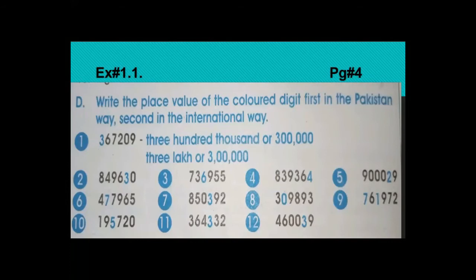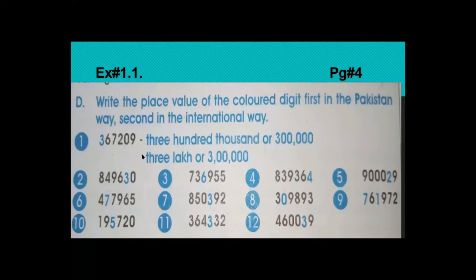In the international way, 3 is counted as 100,000. The 6th digit is called 100,000. So you will write like this. 3 in words first. 300,000 in words, or 300,000 in figures. In international we group in 3s, so we only put a comma here. Units, 10, 100, 1000, 10,000, 100,000. Only a single comma here.